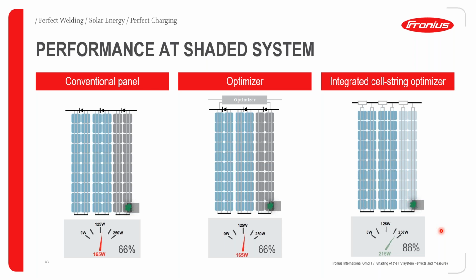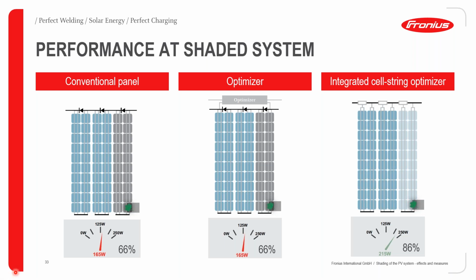Something else to note is that when you consider using the smart modules and you intend to use FRONIUS string inverters, the DPM function or the dynamic peak manager function needs to be switched off. And my colleague will be sharing a link where you can download the compatibility list for FRONIUS inverters with smart modules. So you can check that from the chat area and be able to download the document from that link provided.